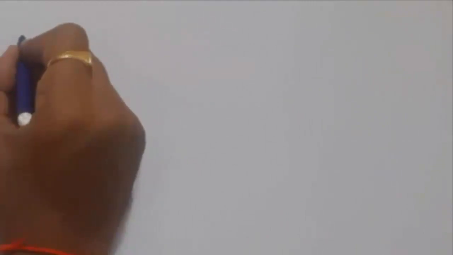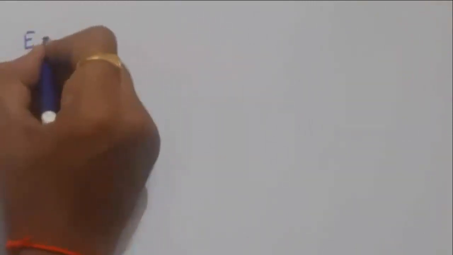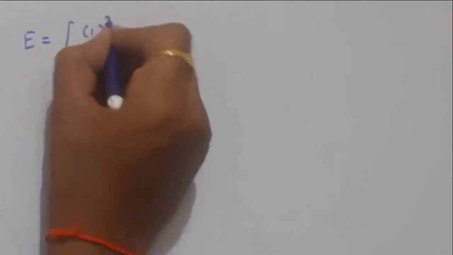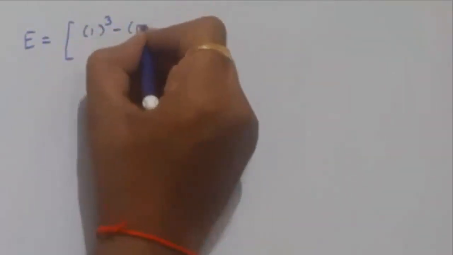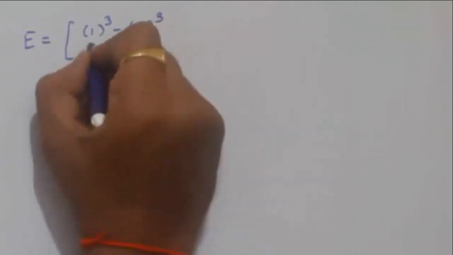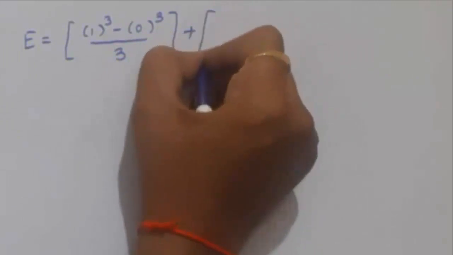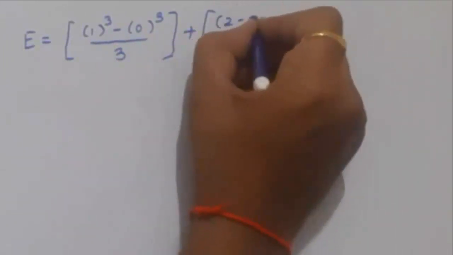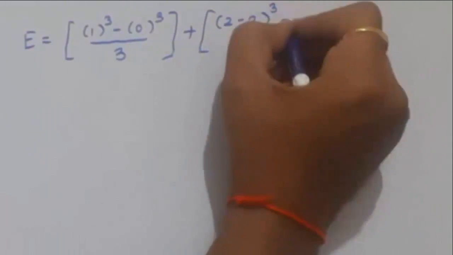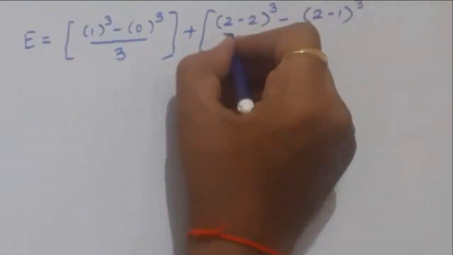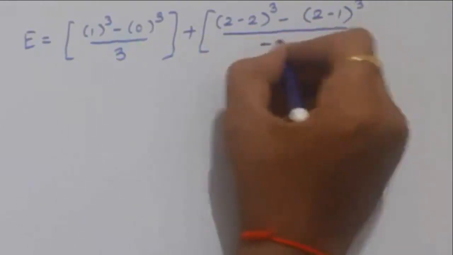If we put the limits in the above equation, we will get energy E is equal to upper limit 1 cube minus lower limit 0 cube divided by 3, plus (2 minus 2), which is the upper limit, cube minus (2 minus 1), which is the lower limit, cube divided by minus 3.